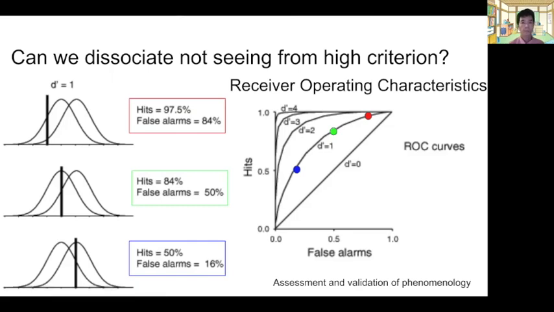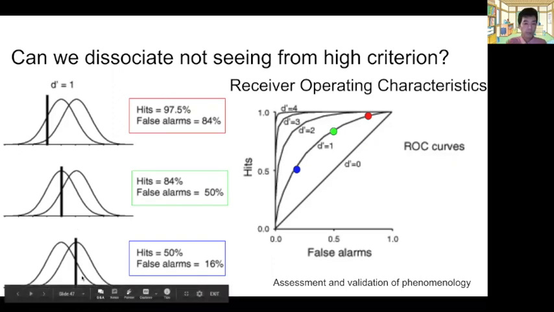Okay, so we were talking about how we can dissociate two possible scenarios for the blindsided patient. One is for the patient to be adopting a very high threshold for saying yes. That corresponds to this situation on the bottom left.